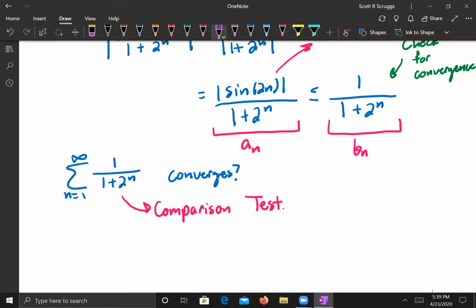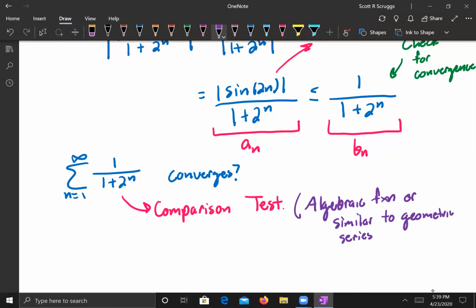My thought process in general when choosing a comparison test is if I have an algebraic function, let's write that better, or similar to a geometric series. And for this particular problem, I want to do a comparison test because of the latter.